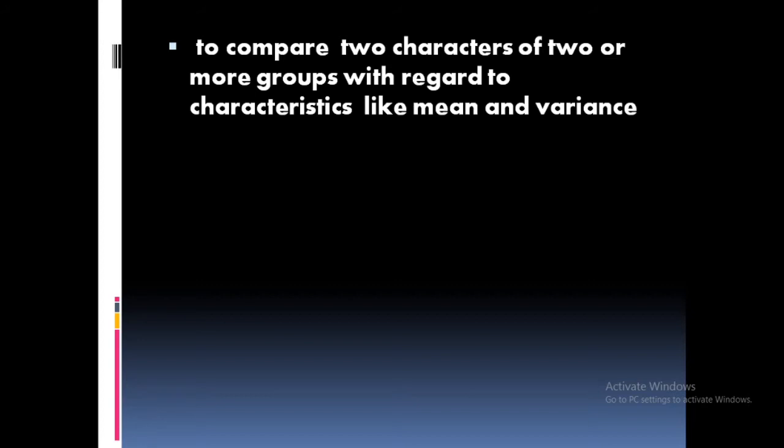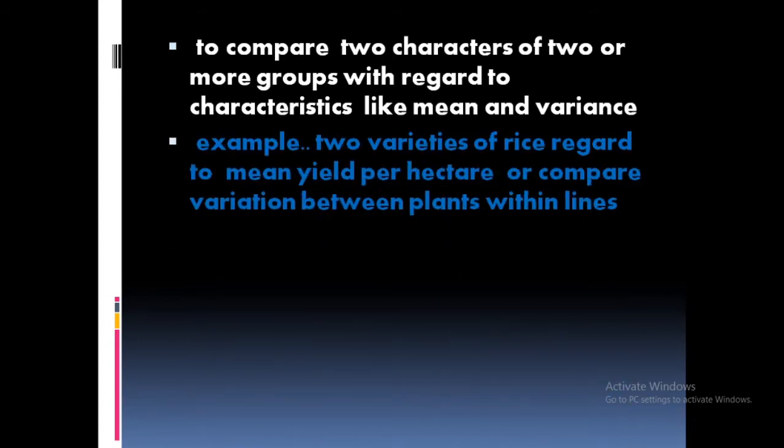For example, if we wish to compare the yield per hectare of rice varieties or sorghum varieties, or we compare the variation between the plants within the lines, we can use this method. Two samples drawn from the same population will show differences in their mean value.